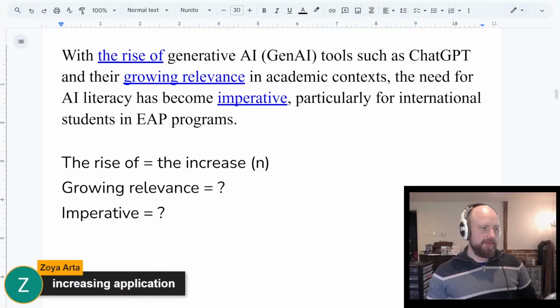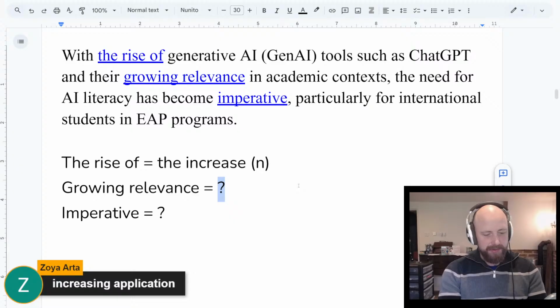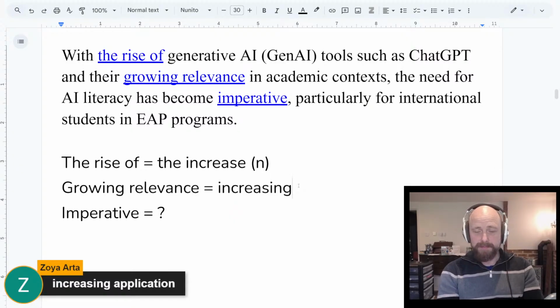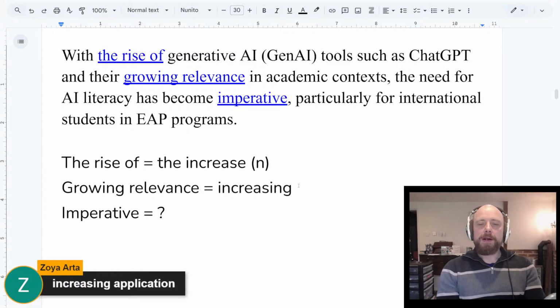Zoya's gone for increasing application. That's quite good, actually, Zoya. I think growing, we can definitely talk about increasing. Increasing application.